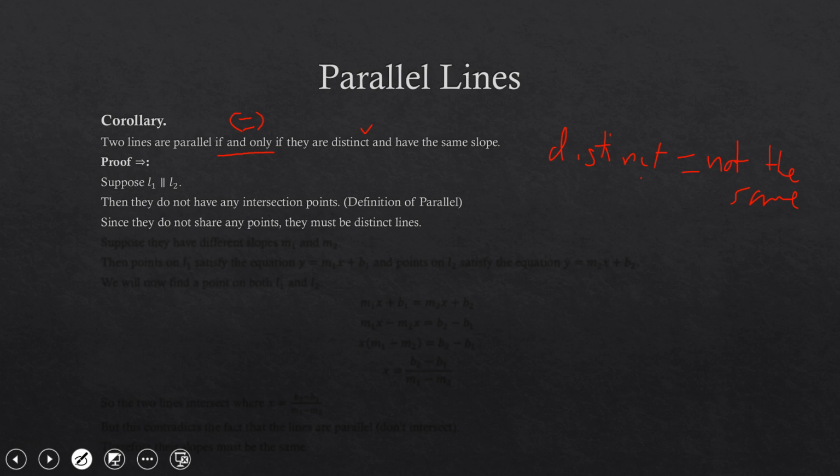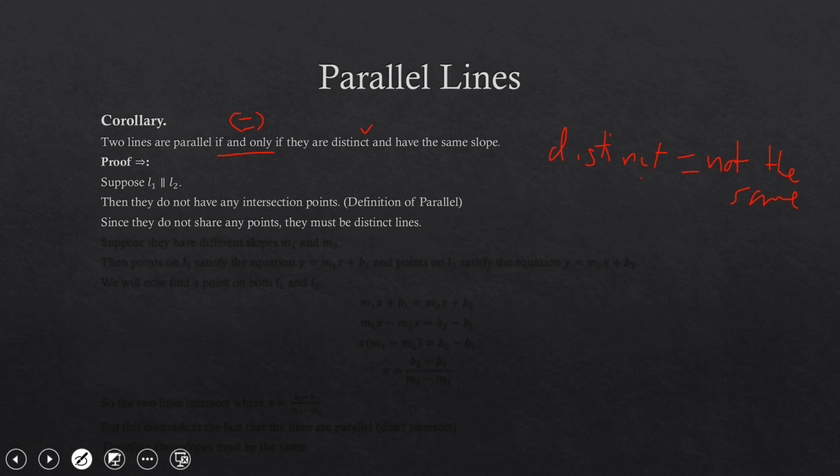All right, so the hard part is, we don't know very much about these lines, just that they don't meet. How can we go about proving anything about their slopes? The strategy when you don't have a lot of information is you try to attack the opposite. You say, okay, what if they did have the same slope? Or excuse me, what if they did have different slopes?